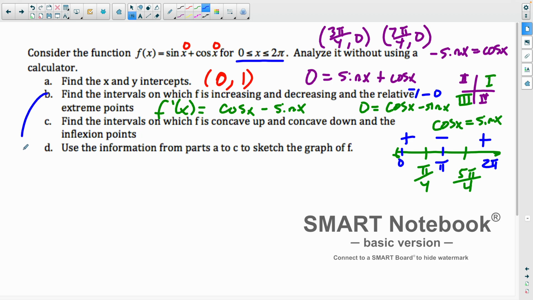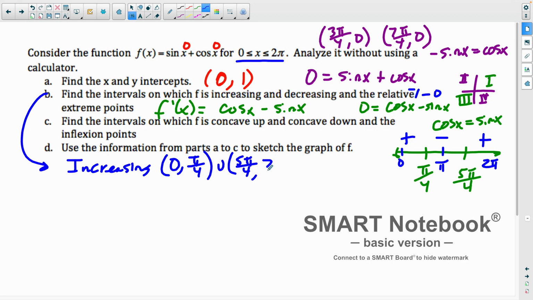I'm going to take my B and move it down here. I know that my graph is increasing when my slope is positive. So from 0 to pi over 4, it's increasing. And from 5 pi over 4 to 2 pi, it's increasing. Now, why am I saying 2 pi? Why am I saying 0? Because that is what my domain is listed up here as.